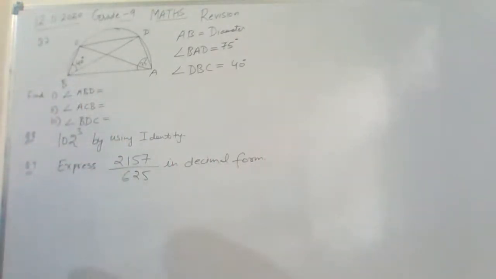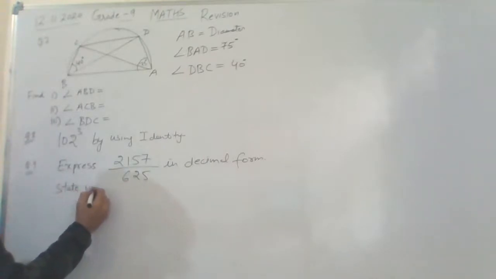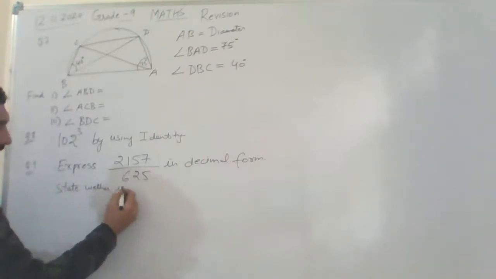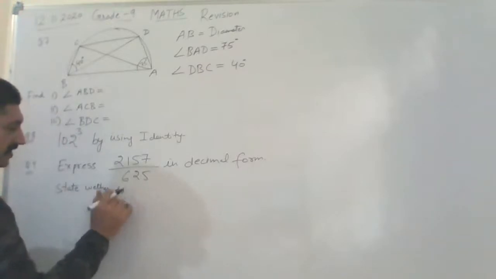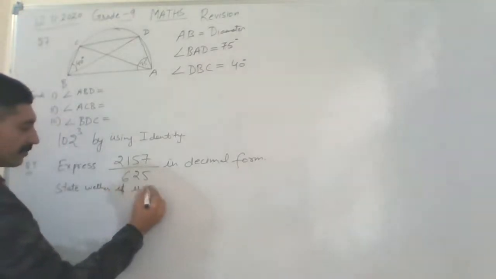Express 2157 by 625 in the decimal form, right? State whether it is terminating or not. Important is to state whether it is terminating.